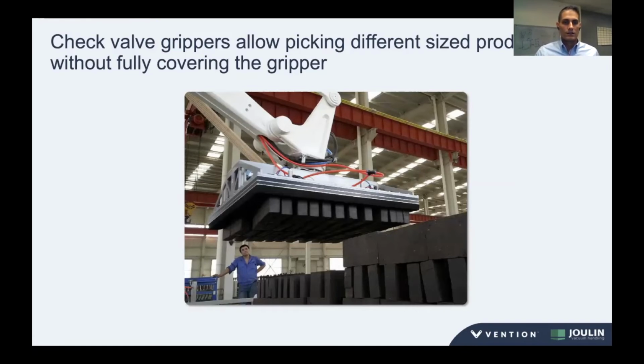Those uncovered areas are going to check, and the areas above the bricks are going to stay open to vacuum, and you're able to pull a really high level of vacuum on these grippers. It makes it a very unique product because it doesn't matter where the product is, what your product SKU is, or what your product size is. Basically, the gripper conforms to what your needs are for that project.